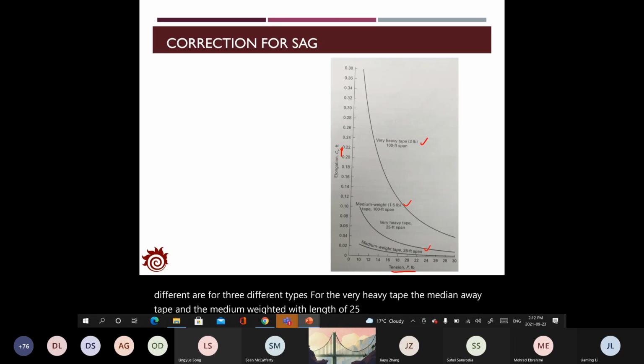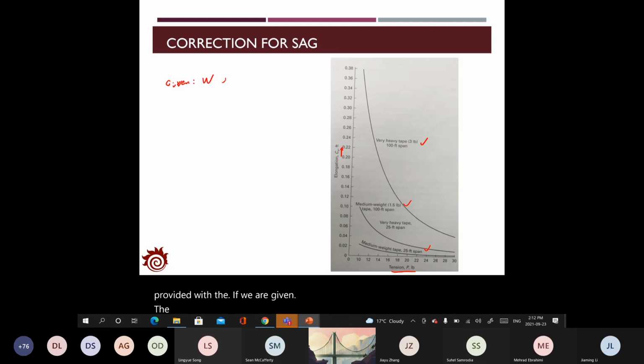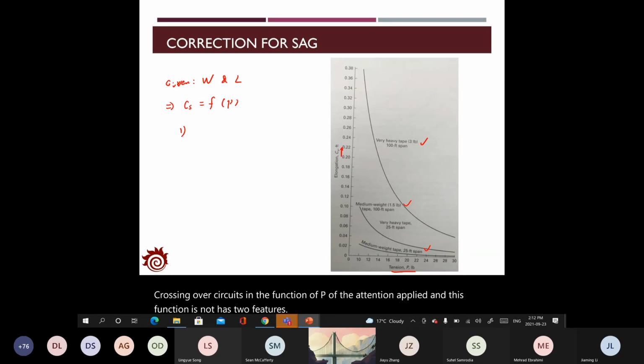feet. Generally, if we are given the weight of the tape and the length of the tape, the correction of the sag is a function of P, the tension applied, and this function has two features. First, it is a convex function, as you can see in this graph.